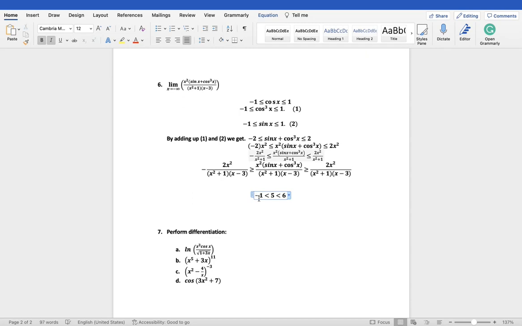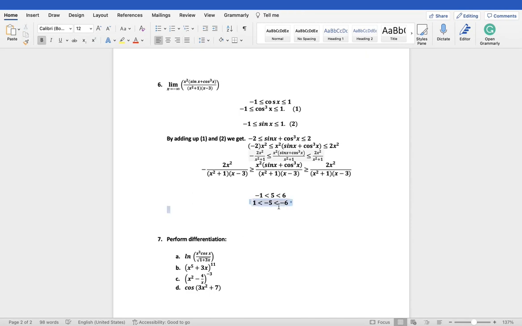Now let's say you divide by -1 on all sides, and let's keep the sign as is and see what we get. Dividing by -1 on the left-hand side, -1 divided by -1 becomes 1. In the middle, 5 divided by -1 becomes -5. On the right-hand side, 6 divided by -1 is -6. Now, does this make sense? Is 1 less than -5?